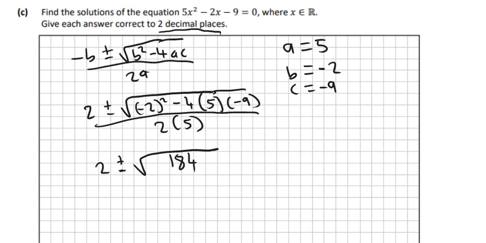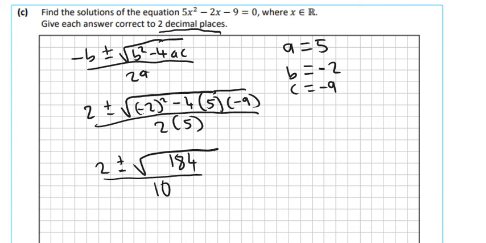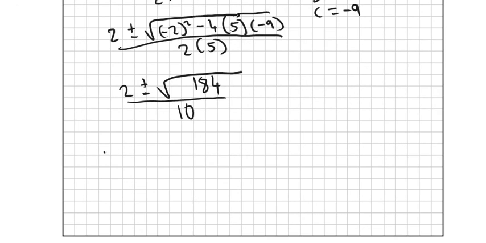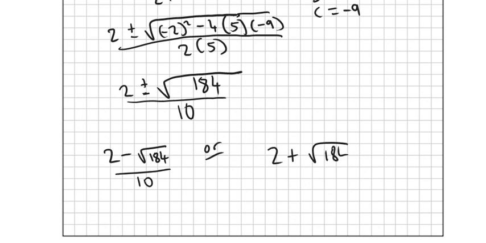Now you can do all that in the calculator, don't be getting worried if you don't understand all that. 2 times 5 on the bottom is 10, and then you just need to split it into both options then, so it'll be 2 minus root 184 over 10, or 2 plus root 184 over 10.